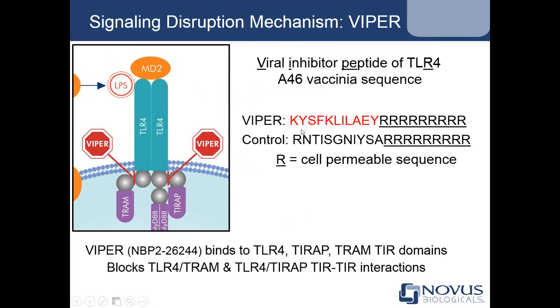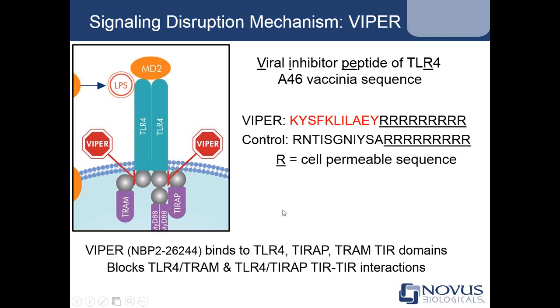Well, all the inhibitory peptides that I'm going to talk to you about today are based on sequences which contain an inhibitory part as well as a cell permeable part. The cell permeable part allows the sequence to passively get into the cell when incubated in the media. And then the inhibition sequence, in this example, binds right here and disrupts this TIR-TIR domain interaction.